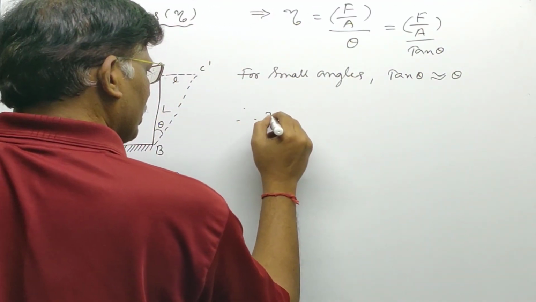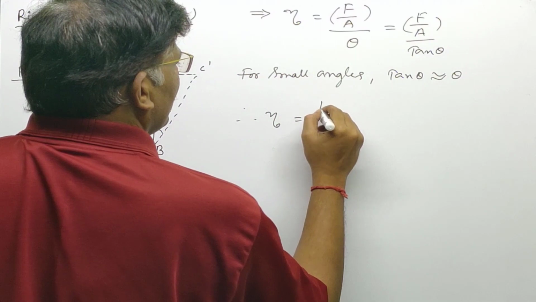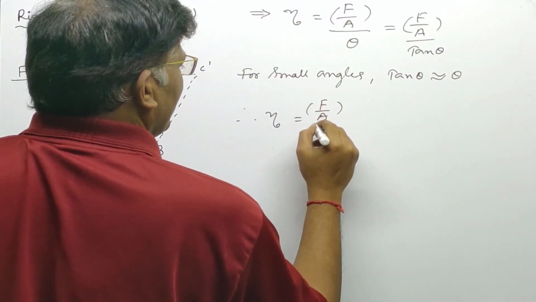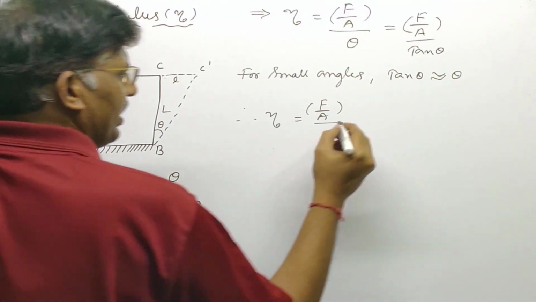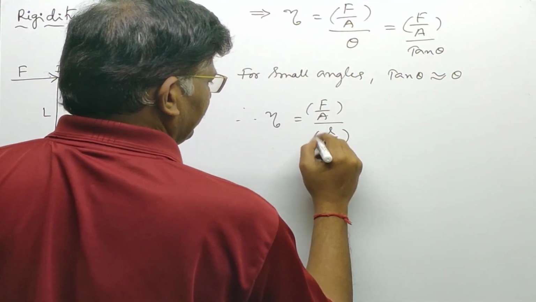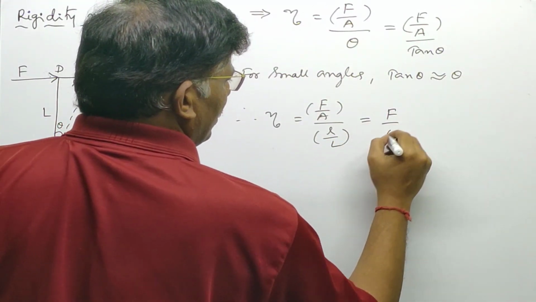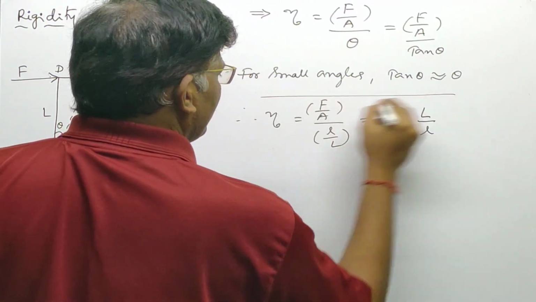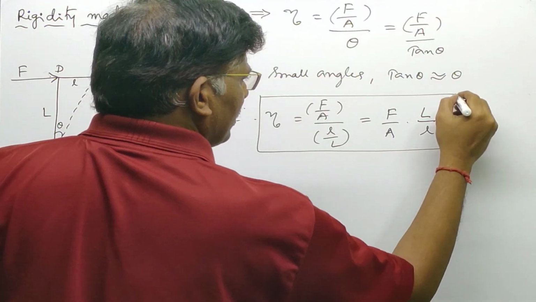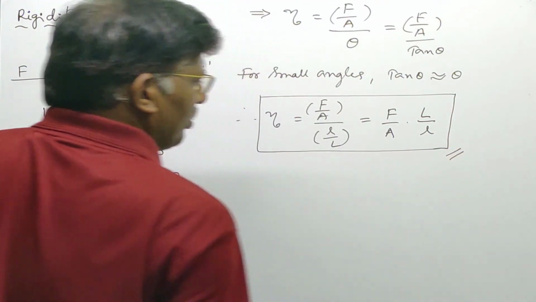Therefore, eta is equal to F by A into 1 over tan theta, where in the diagram tan theta is small l by capital L, or that is equal to F by A into L by small l. This is the formula for rigidity modulus.